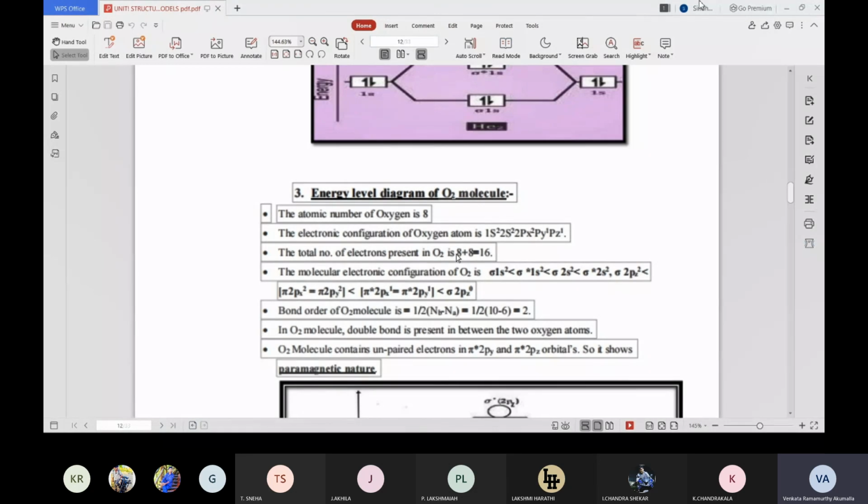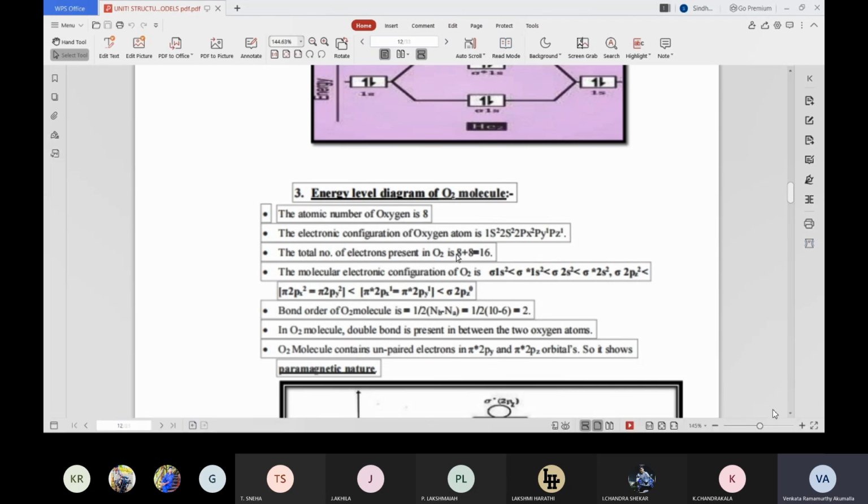It is a 10 marks question, and the 2 marks questions are bond order and magnetic nature. Magnetic nature: paired electrons exhibit diamagnetic nature, and unpaired electrons exhibit paramagnetic nature.